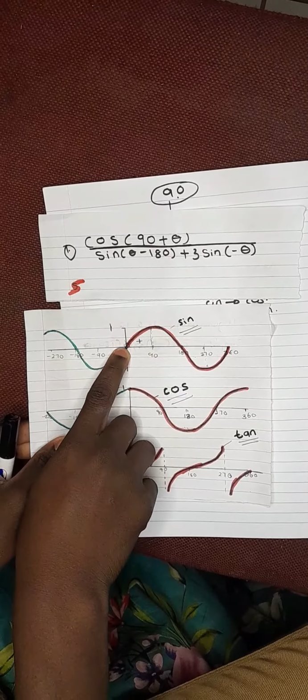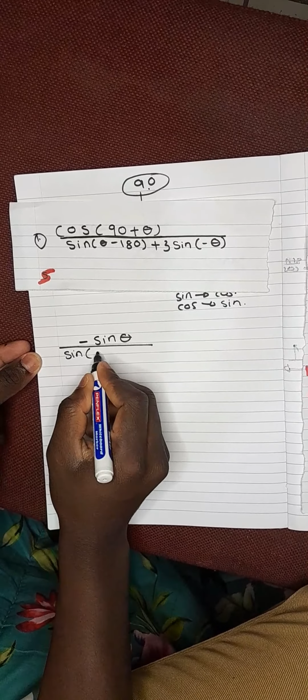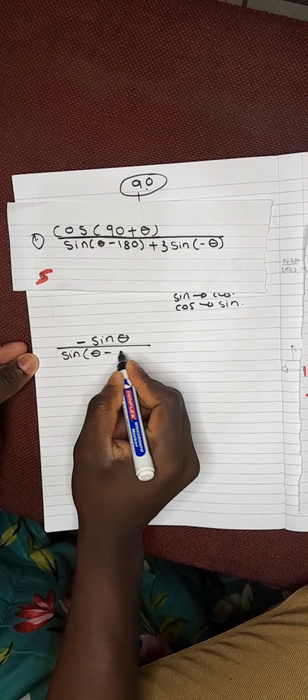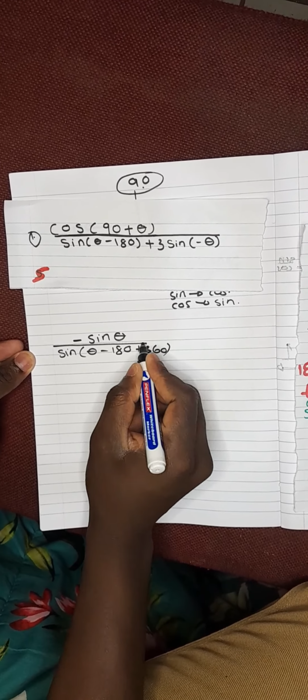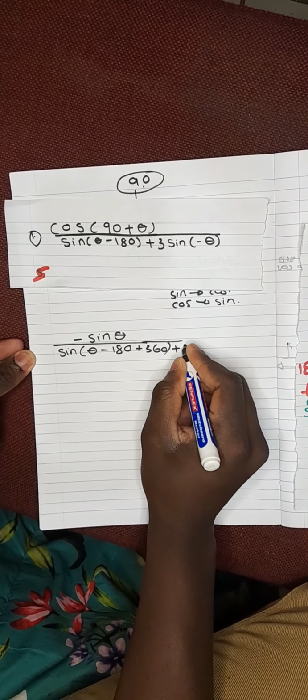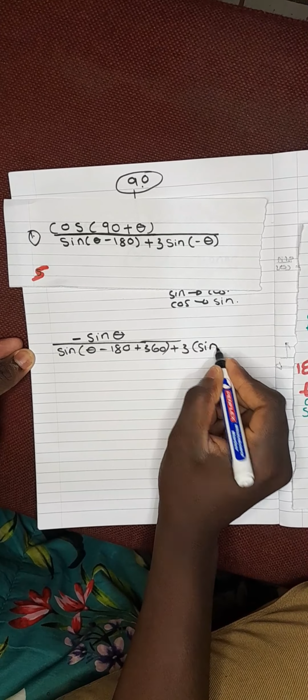Whenever I have something like this, from 0 to 360 is my period, meaning I have to come here and add my 360. I'm going to have sine(theta minus 180), I add my 360, plus 3 open bracket sine.